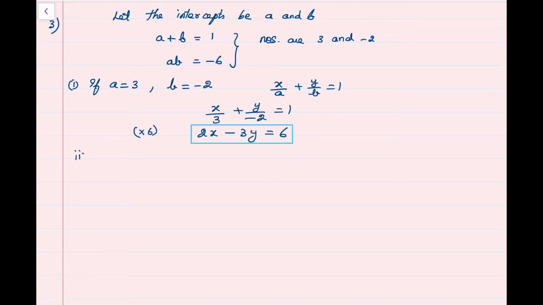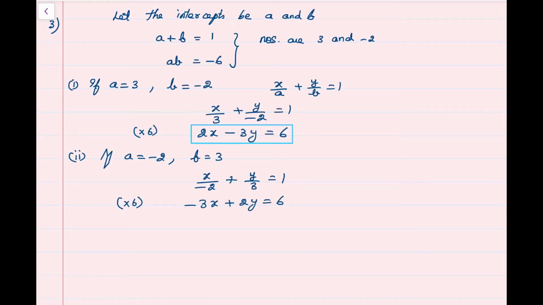Now the second answer is, if a is minus 2, b will be 3. Therefore, using intercept form of a straight line, we get x divided by minus 2 plus y divided by 3 is equal to 1. We will multiply the equation by 6. We get minus 3x plus 2y is equal to 6.